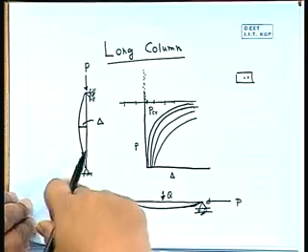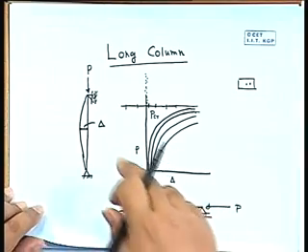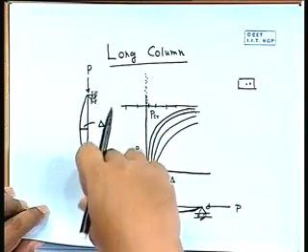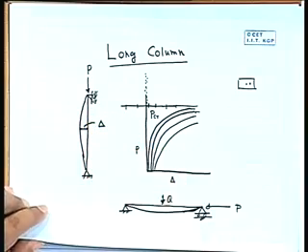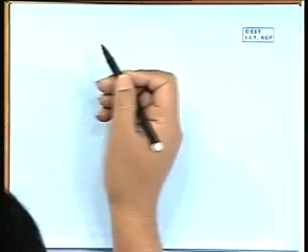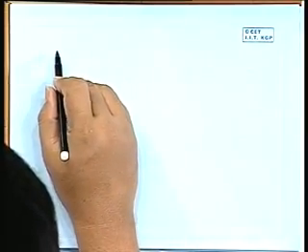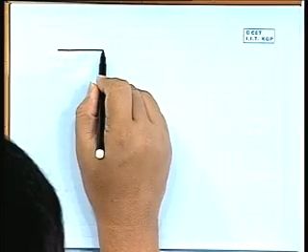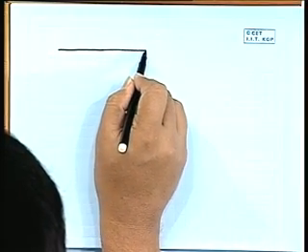Now, this problem we can take. This is one of the fundamental cases. A column hinged at both ends, right. We can draw it as a vertical member or in a horizontal manner also; it is immaterial.